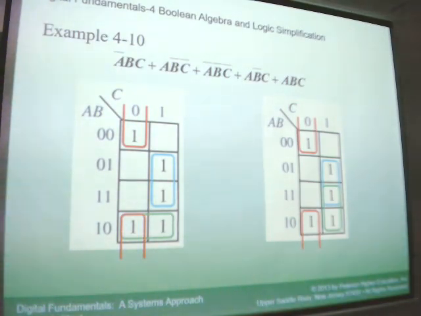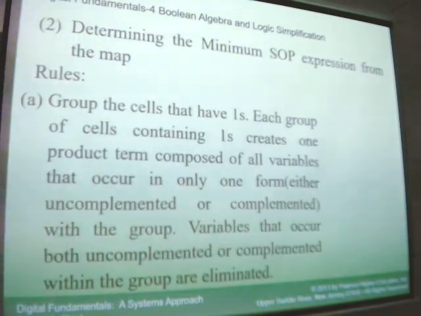So there are two ways to group the one. And after grouping the ones, we can determine the minimum SOP expression from the grouped Karnaugh map.